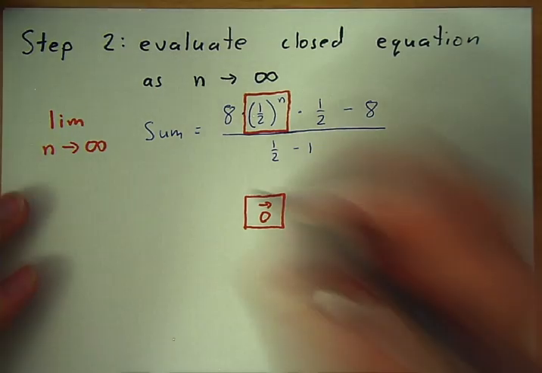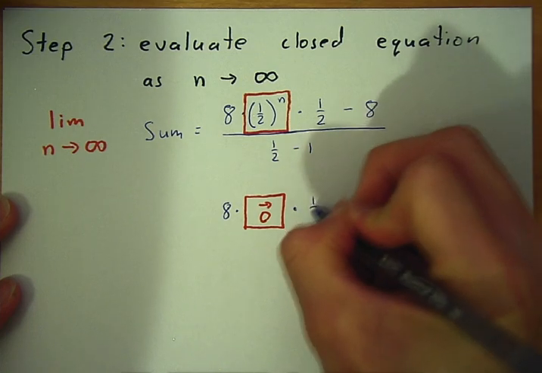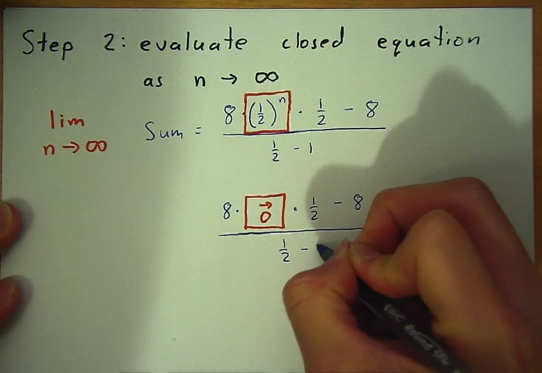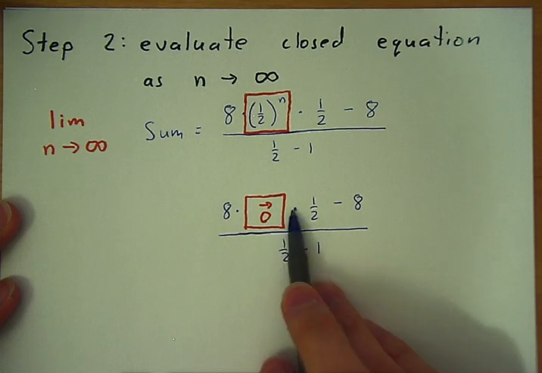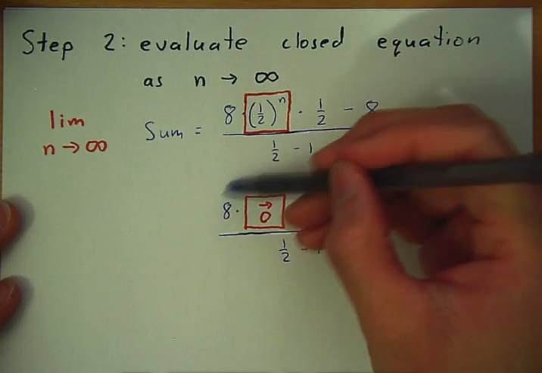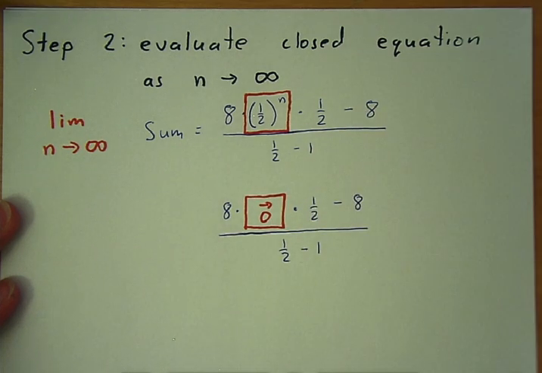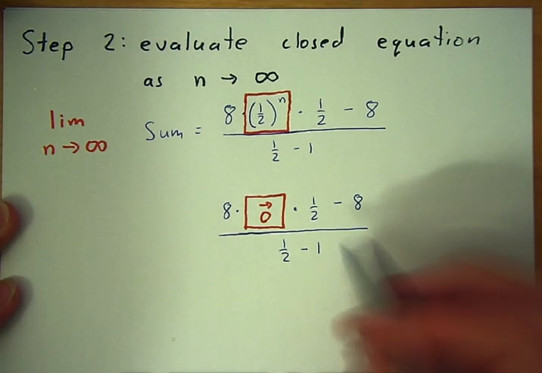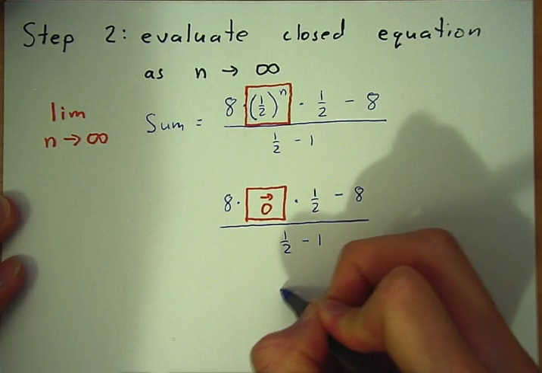So if that portion is going towards 0, 8 times 0 times 1/2, this whole part goes towards 0 as well.